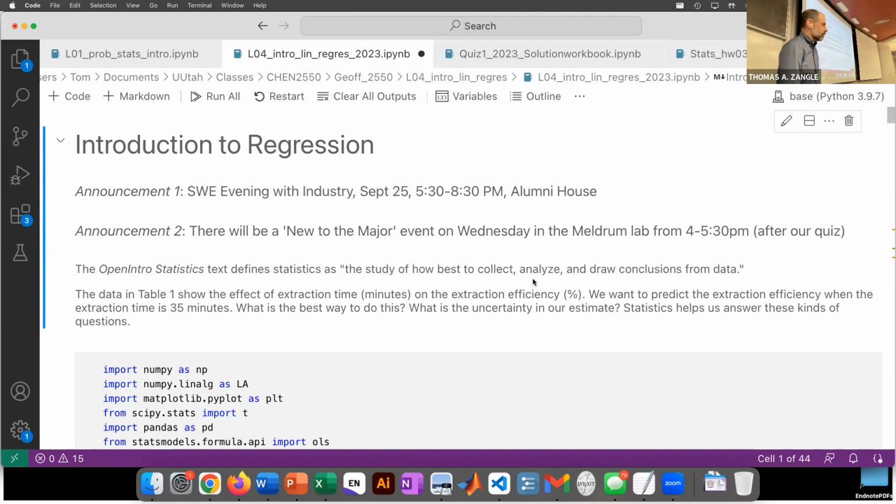Great question. So can someone who knows where the Meldrum lab is explain where it is? MEB. Yeah, so in the basement of the other engineering building, where the department is, is where the Meldrum lab is.